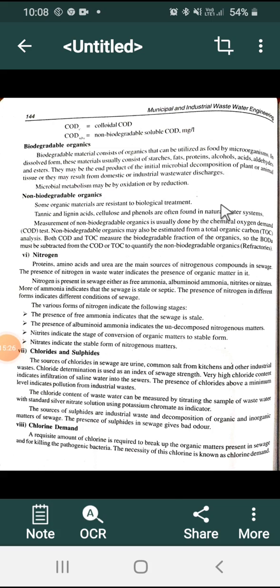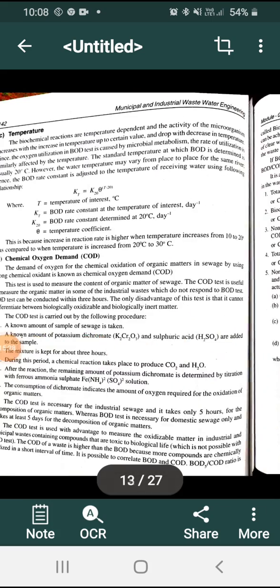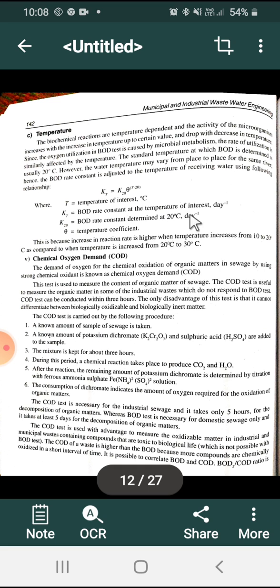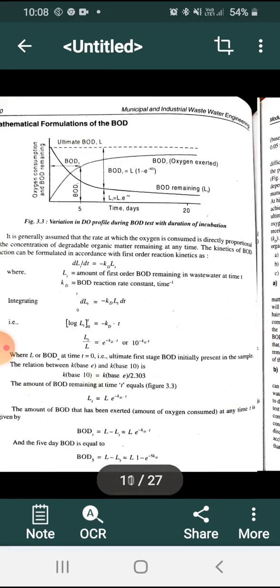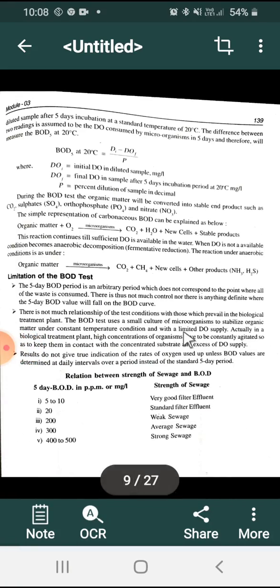What is the meaning of BOD and what is the meaning of COD? COD means chemical oxygen demand. BOD means biochemical oxygen demand. Now we have to conduct the test in the laboratory. I will show you even BOD bottles, and how to determine all those things we will discuss further.